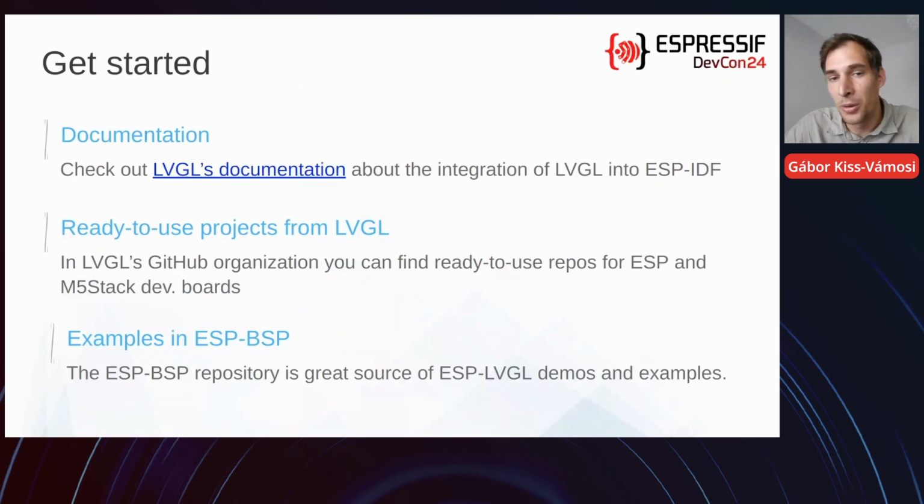They are optimized for performance, and the target was simplicity. So these can be considered as good getting started projects that you can just easily extend later on. And finally, the engineers of Espressif maintain and create the ESP BSP repository as well, where you can find several LVGL related demos.